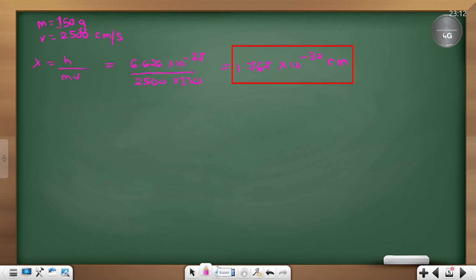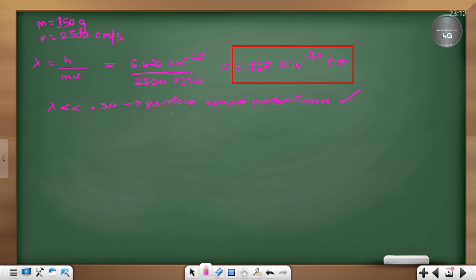So this wavelength is very, very small, so particle nature is predominant. Why? Because the lambda value is very, very small, so why would a wave nature be considered? So this ball or substance, whatever it is, will behave as a particle, not as a wave.